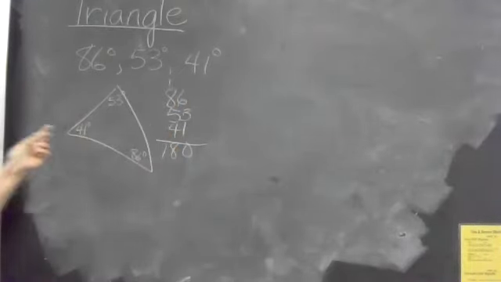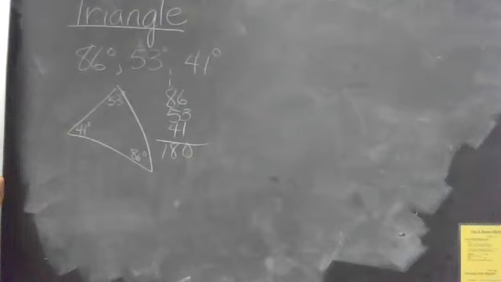If you add these up, it's 180 degrees. So the answer to the first one is yes, this will create a triangle. But if they do not add up to 180 degrees, it is not a triangle, because the degree measures of the angles will always equal 180.